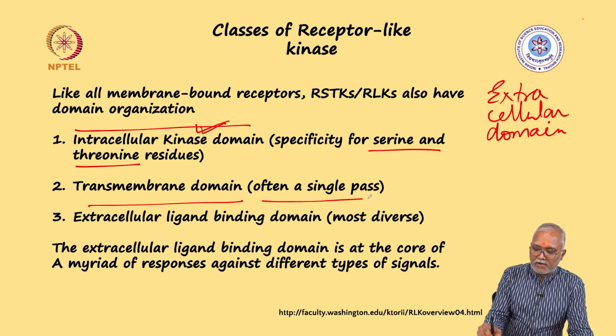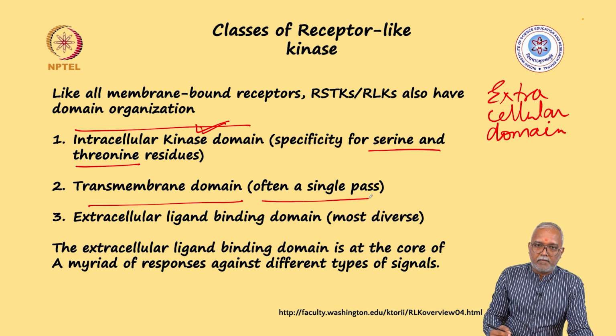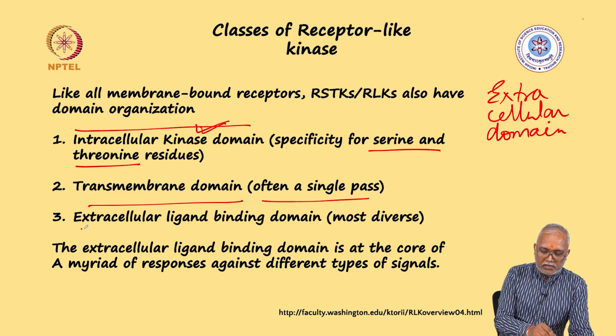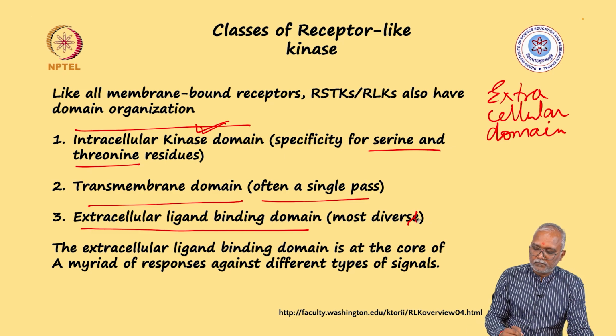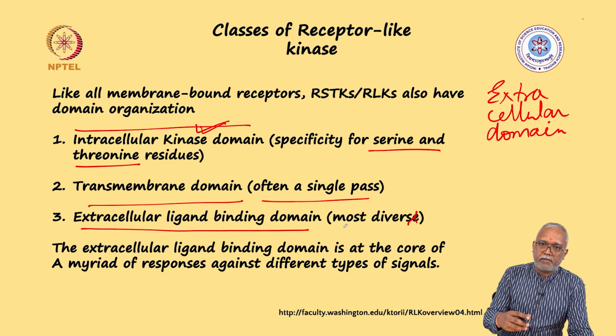Often they are single pass transmembrane entities, and then the extracellular ligand binding domain is the most diverse in nature. So when you have a receptor, their intracellular domain and transmembrane domain may look very similar, but the extracellular domain tells how they will appear.